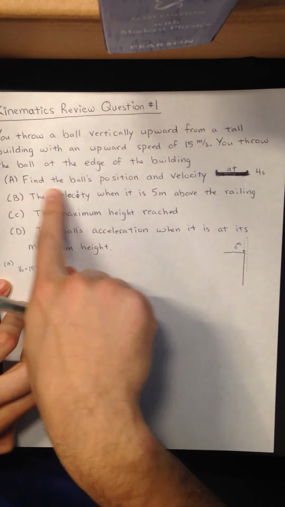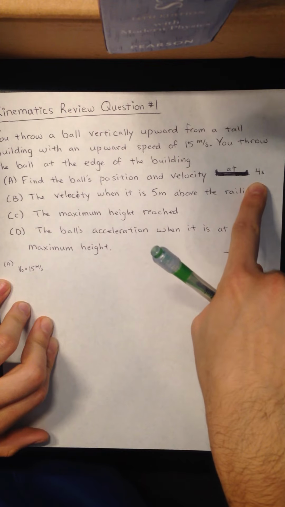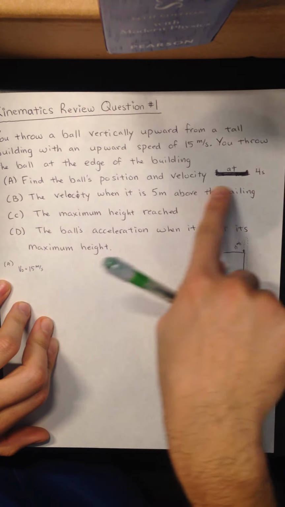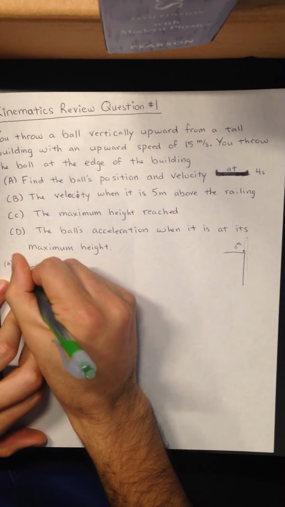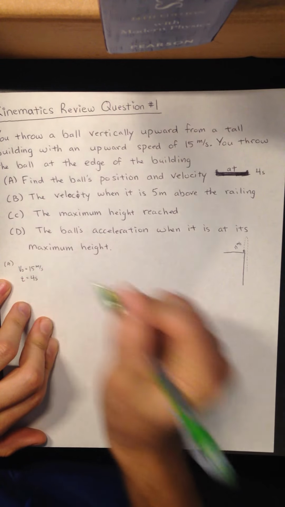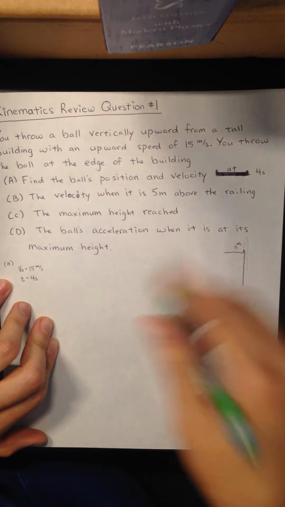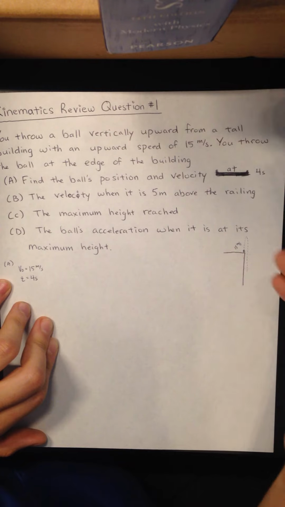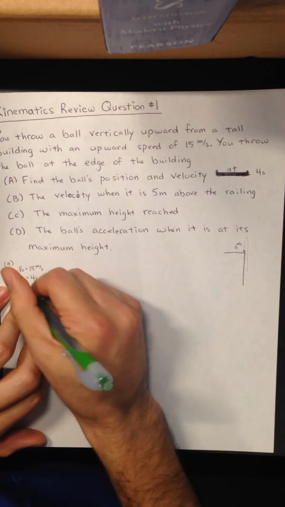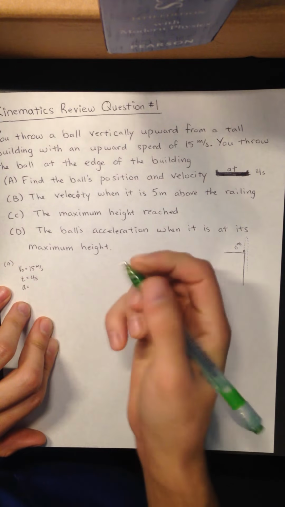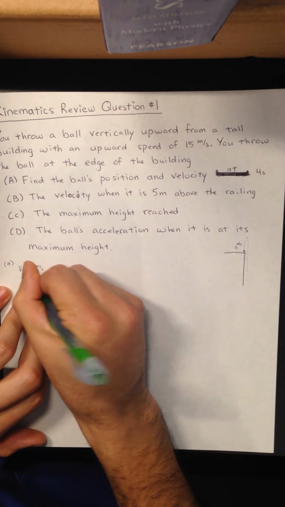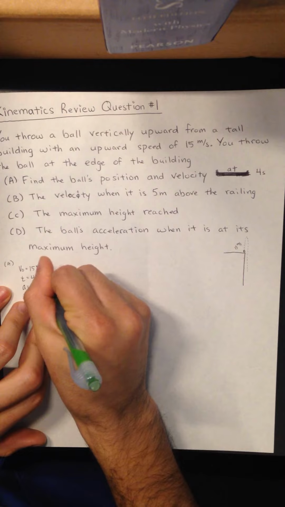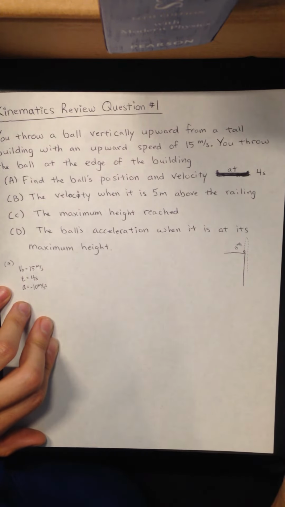We also know for question A, we're looking at the ball's position and velocity at 4 seconds. So we know T equals 4 seconds. What's important to know with these free fall problems is always the acceleration. When the only thing touching it is gravity, the acceleration is going to be -9.8, or I'm going to put -10 meters per second squared for the sake of the AP test.